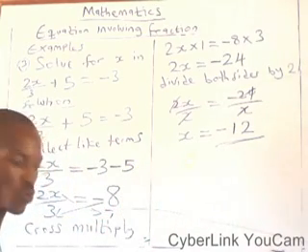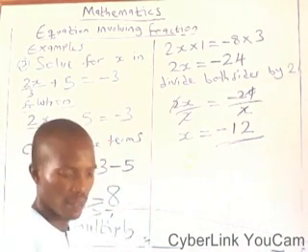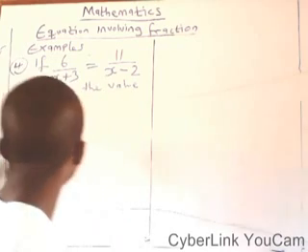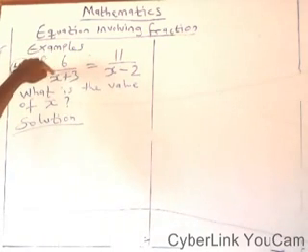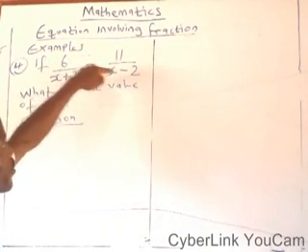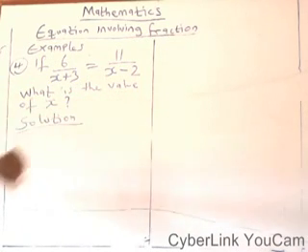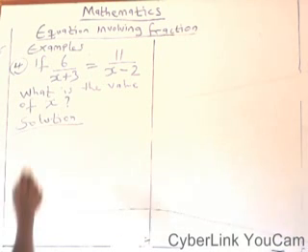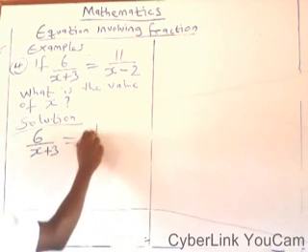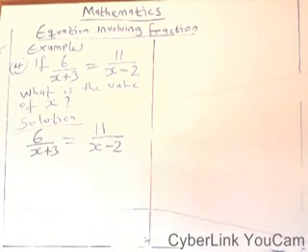The next thing we are going to do, which is the next example. The next example is, now this is example number 4, which says if 6 over x plus 3 is equal to 11 over x minus 2, what is the value of x? 6 over x plus 3 equals to 11 over x minus 2.